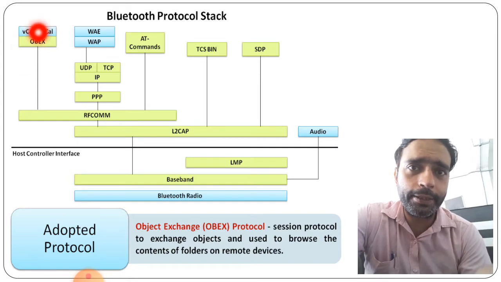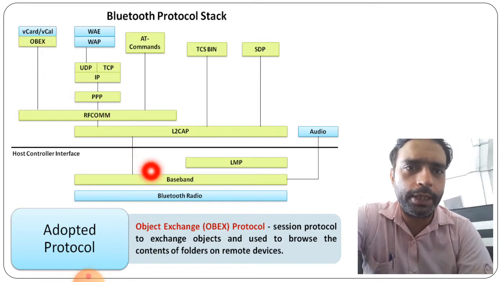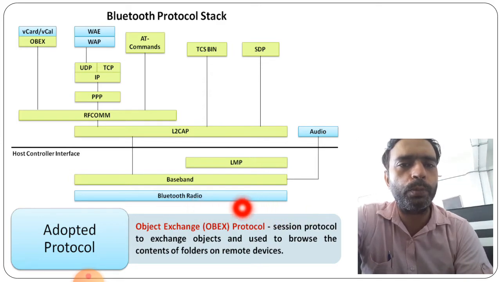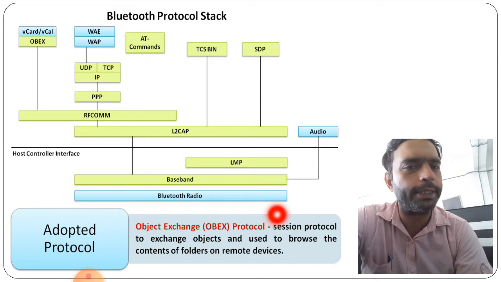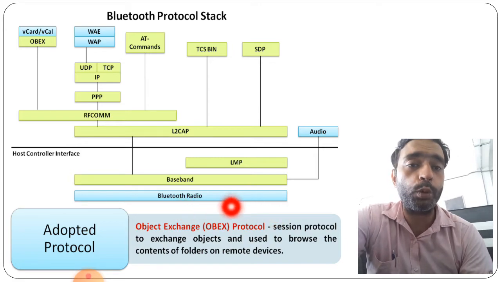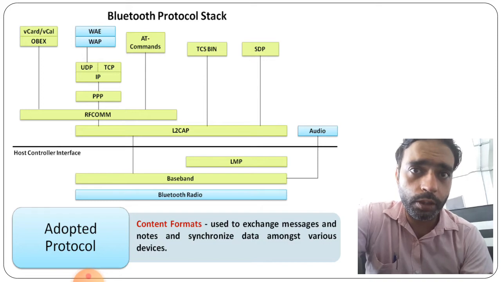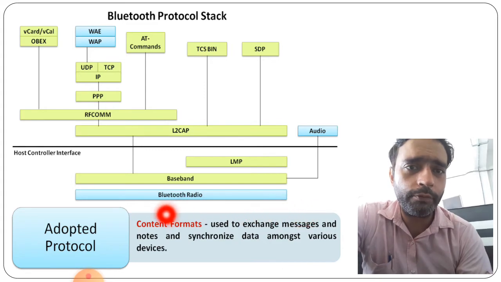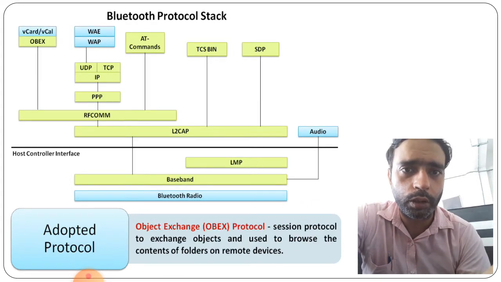Now OBEX, the object exchange protocol, is a session protocol to exchange different objects and browse the contents of folders on remote devices, so you can access another device through it. vCard or vCal are the content formats, used to exchange messages, notes, and synchronize data amongst various devices. That is the adopted protocols.